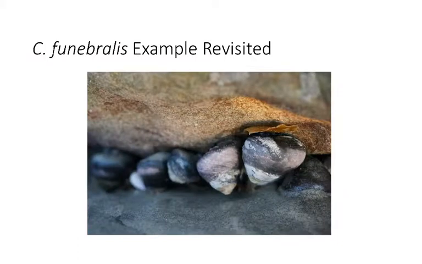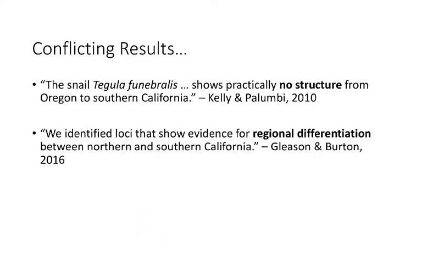So to close out this module, I want to revisit that example that we started this module with at the very beginning, looking at my little intertidal snail, Cephalnebralis. And we showed at the very beginning of this module that there were conflicting results about whether or not individuals from different populations were genetically similar or genetically different based on these two different studies.